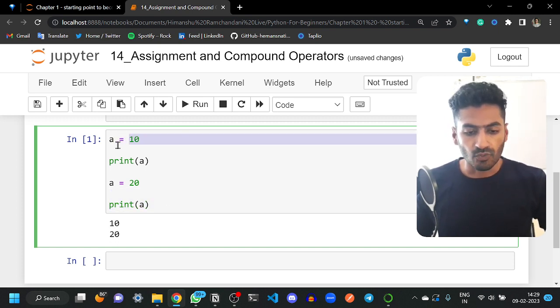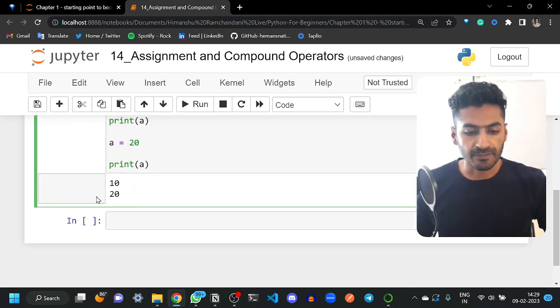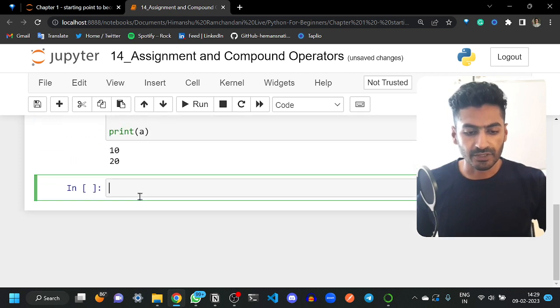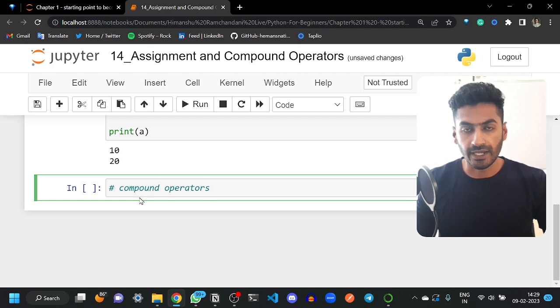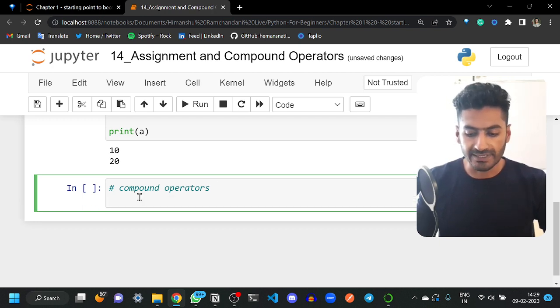Now here, equals is an assignment operator. Whatever is written on the right side of it will execute first and then be assigned to the variable on the left side. So this is how assignment operators work. If we talk about compound operators, you can call them assignment operators also, but they are also called compound operators.